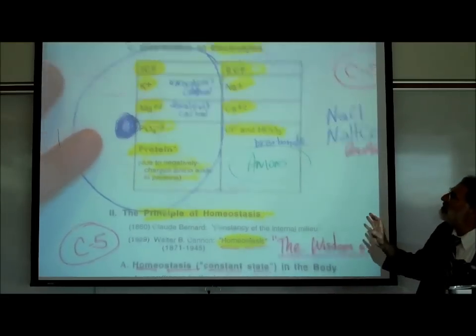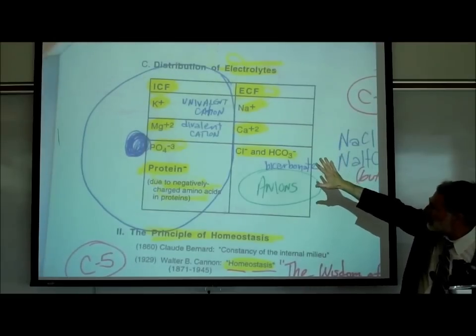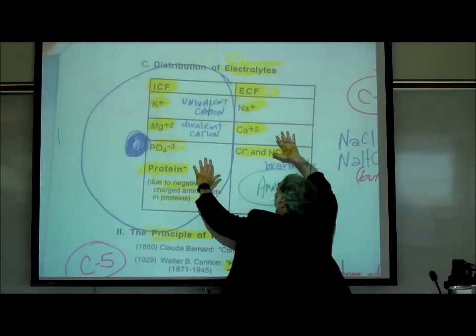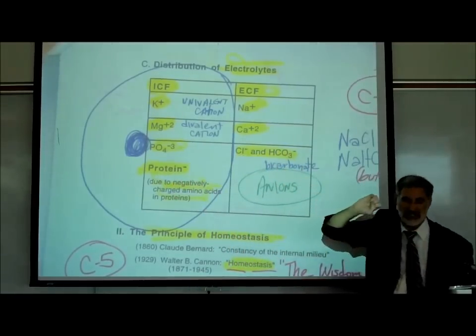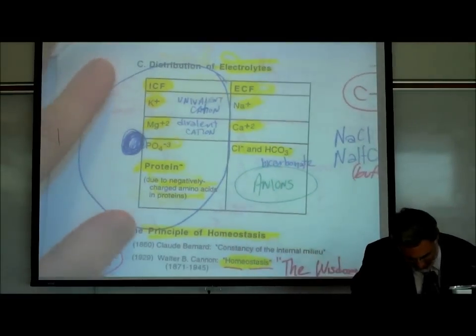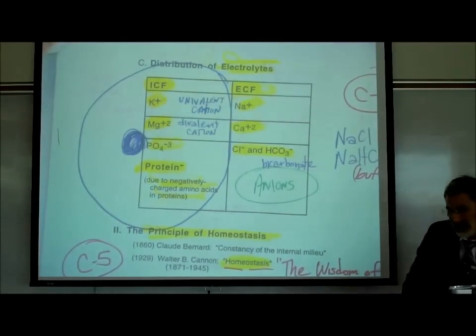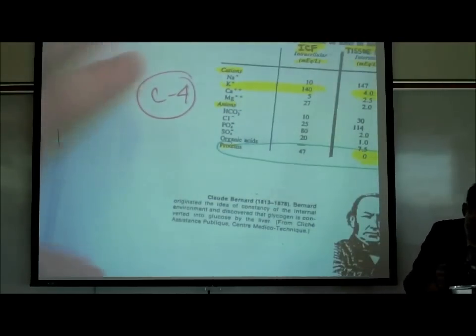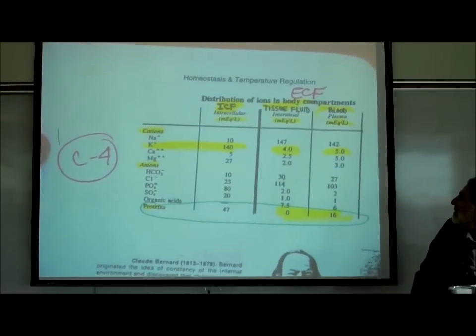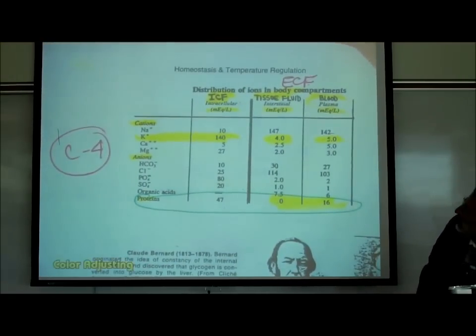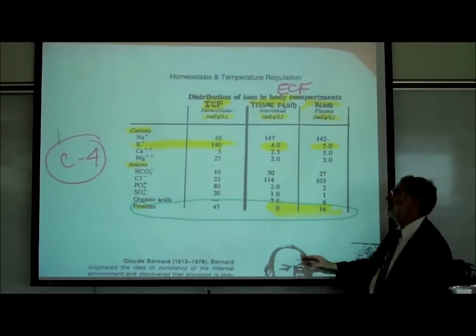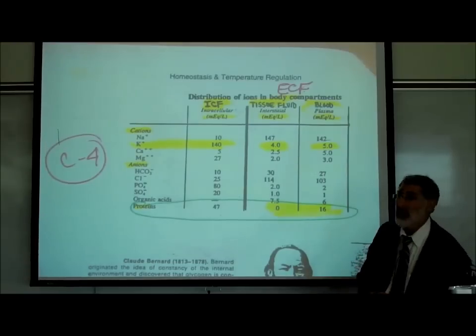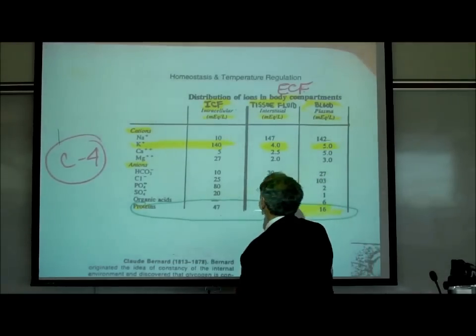Right now, this is all you need to know about the differences in the electrolytes between what's inside cells and outside cells. We're going to be quantifying this. Let's show you what I mean. Look on the previous page at the top, C4. On page C4, these are the real numbers that we will be learning, at least some of these.